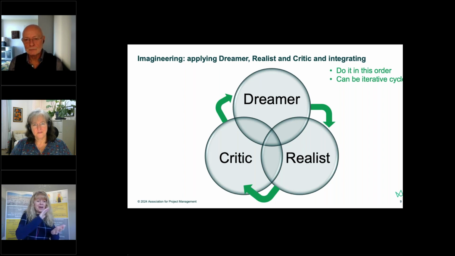And then we do that clean shift into Realist. And again, spending that time in Realist is really, really important. And then through to Critic. So that's the order that it needs to be. Dreamer on its own, you're just going to have dreams. You're never going to have any plans or think about the risks in terms of putting it in place.